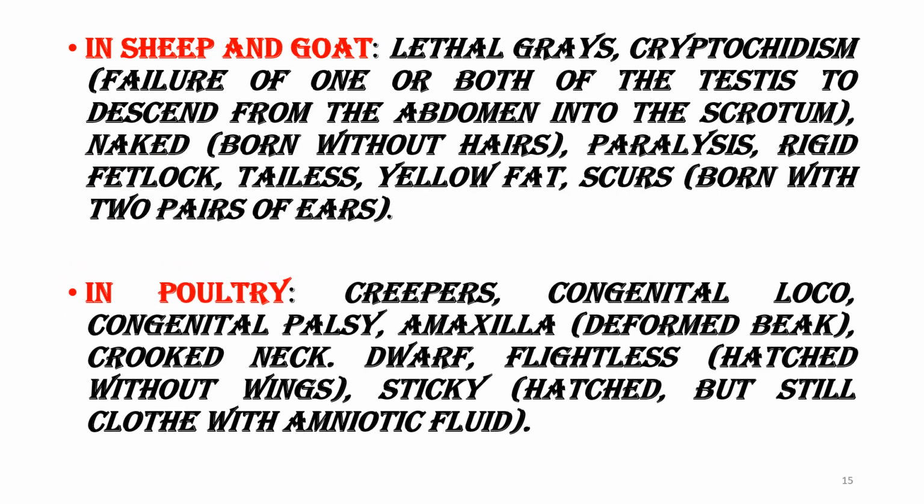In poultry, we have situations such as creepers, we have congenital loco, congenital palsy, maxilla, that is, the chick is born with a deformed beak, crooked neck, dwarf, flightless, they are hatched without wings, sticky, the chick is hatched but still clothed with amniotic fluid.